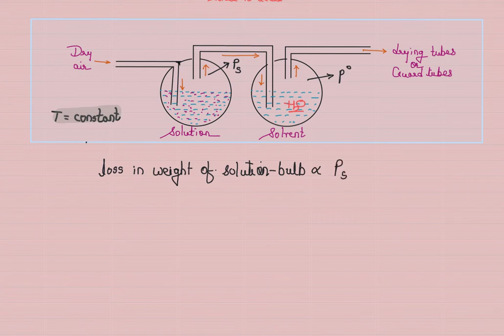Now, after taking up some water vapors from here, the dry air then moves into the solvent bulb, right? Now, the dry air already has some water vapors with it. It is actually supposed to collect water vapors which would be proportional to PO, but it has already got water vapors proportional to PS.